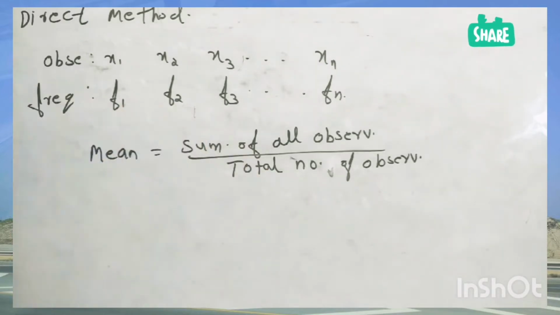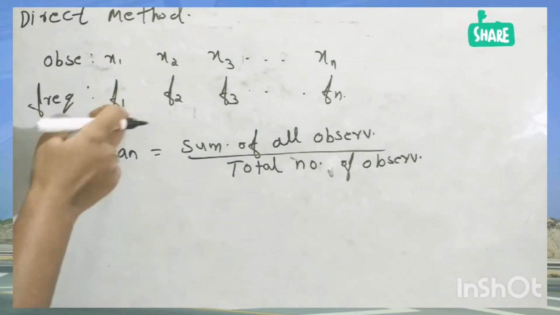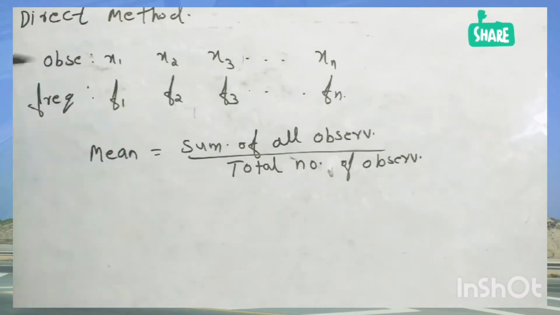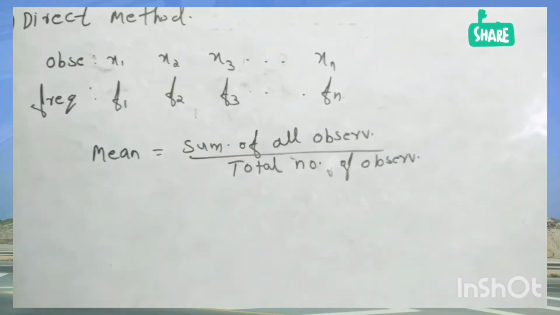Now what is the sum of all observations? We have x1 f1 times, x2 f2 times, x3 f3 times, and like that xn fn times.